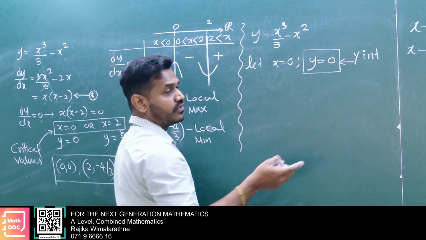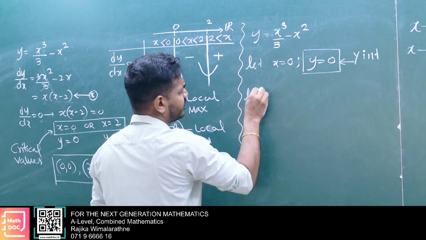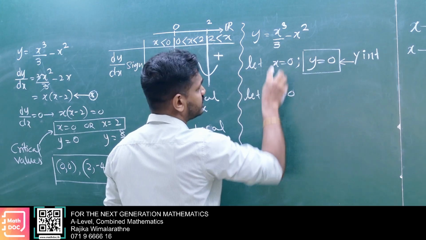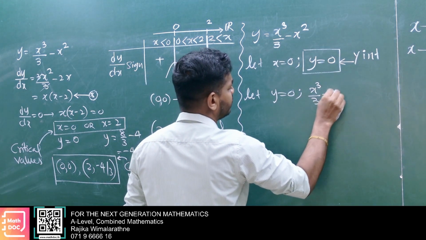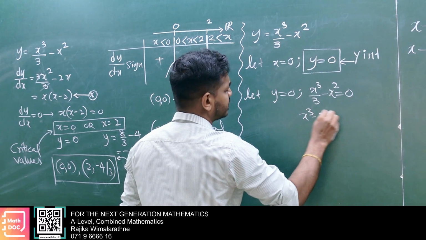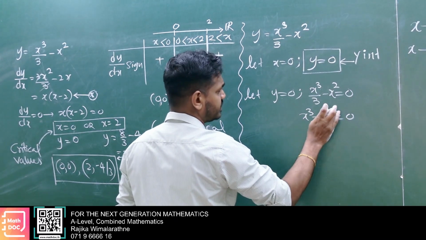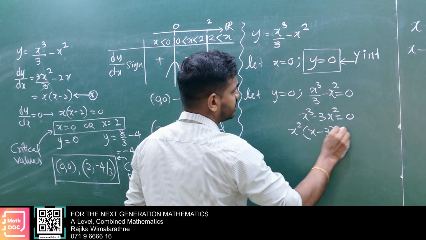Thereafter you have to obtain the x-intercept. Then you take y equals 0 for that. Take y equals 0. Then x cube over 3 minus x square gives 0. Then x cube minus 3x square equals 0. Take x square outside, x minus 3, equals 0.